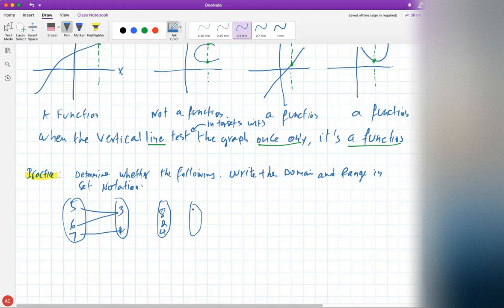Okay, so determine whether these are functions or not. Write the domain and range in set notation.